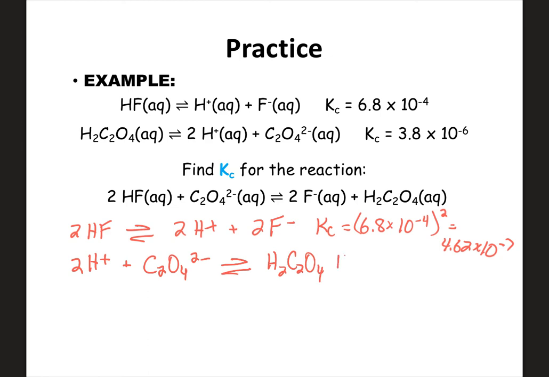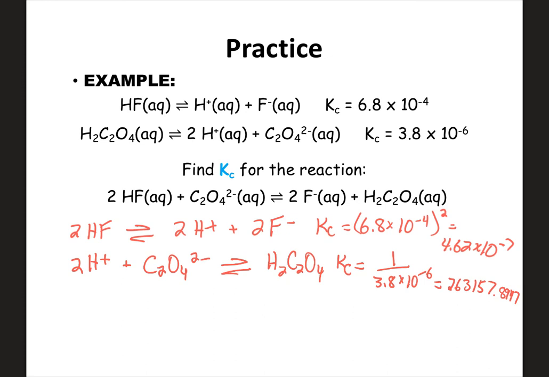Okay, so I flipped the K, so that means I have to do 1 over the K value, so 1 over 3.8 times 10 to the minus 6th here. And when I do that, it's going to come out to be a pretty big number here. It's going to be 263,157.8947 here. Okay, so that's my new K value for this equation. I flipped the reaction, so I have to do 1 over the original K value.